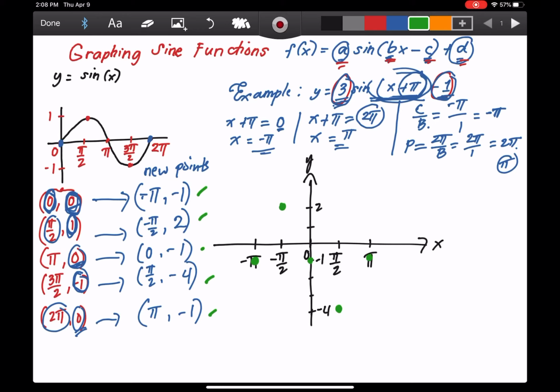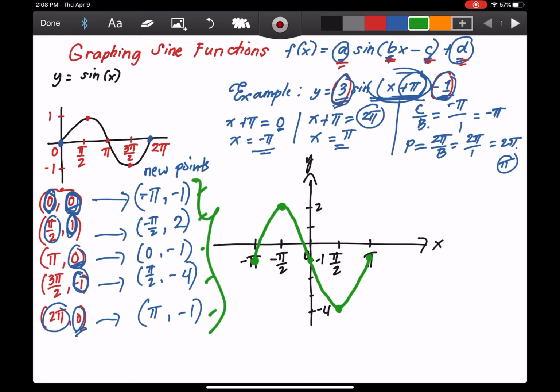So the graph would look like this. Let's connect all the points as smoothly as possible. So those points right here are just these points right here, so don't worry.